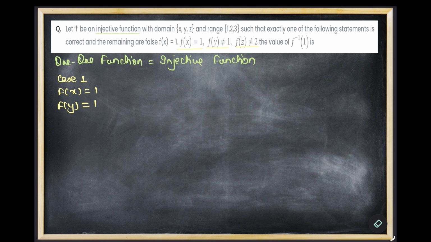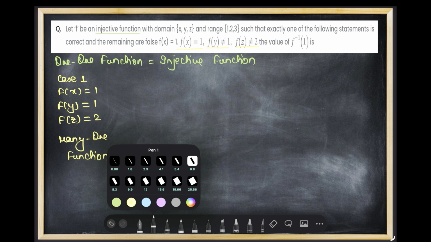Then they are saying that f of z cannot be equal to 2, so the opposite of this will be f of z equal to 2. If you observe, many inputs are giving you the same output. So this is a many-one function.